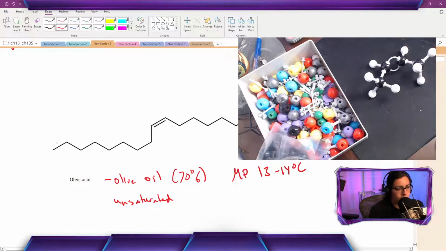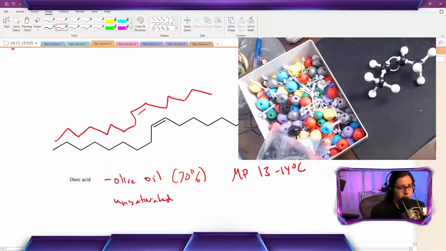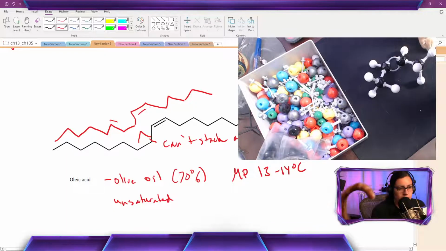So if we were to take another oleic acid here and try to stack it, it's going to be a little off now, simply because they can't stack as well.